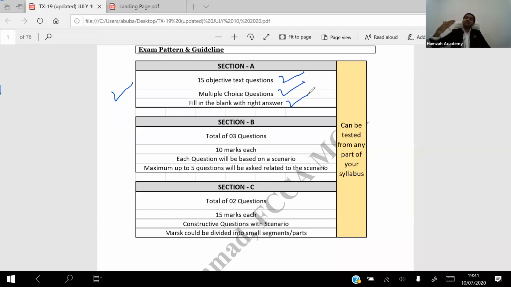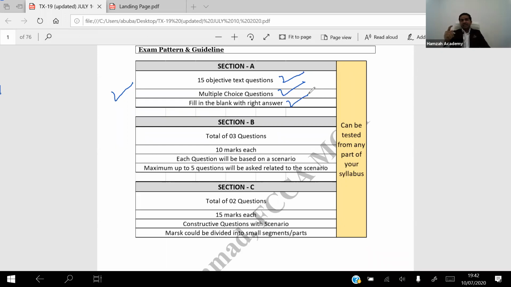So they can divide the question into sections of 2 marks each. So you have a whole scenario, and then 5 questions at the end related to that scenario. These questions can either be multiple choice, where you only need to pick the right answer, or may involve some brief calculation.